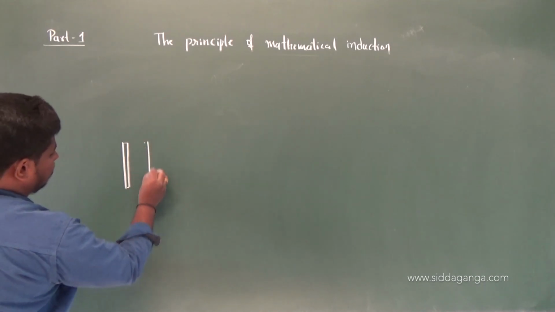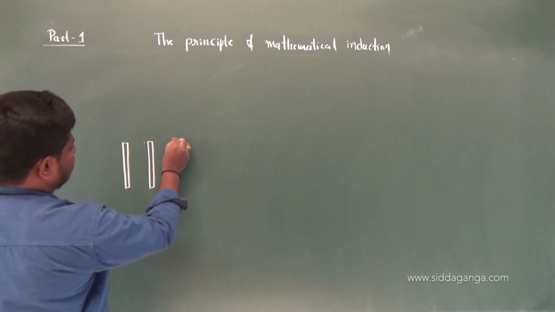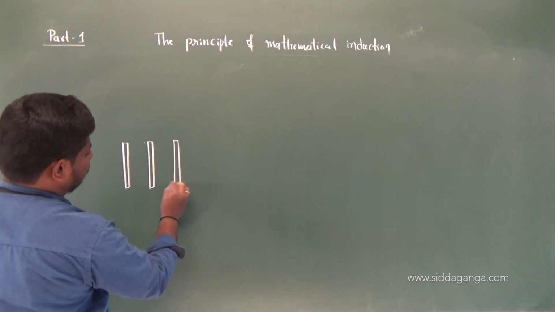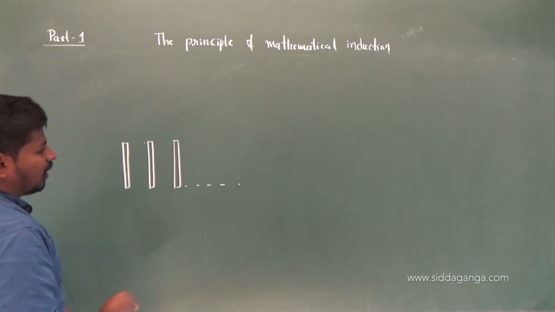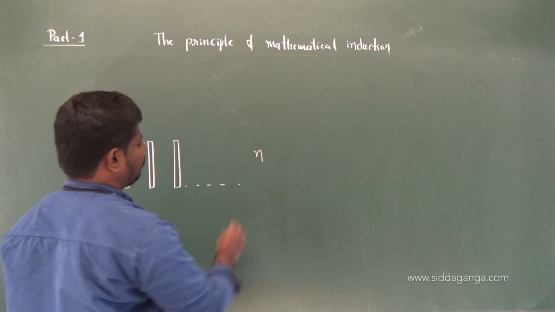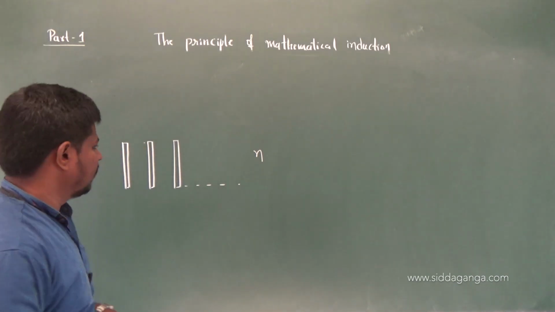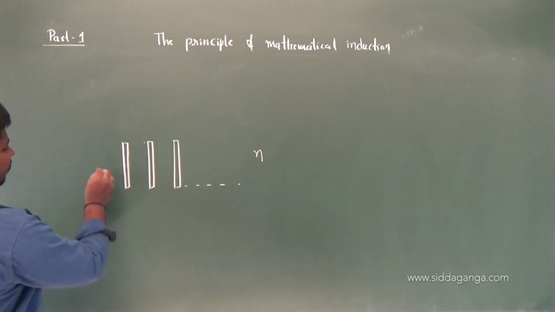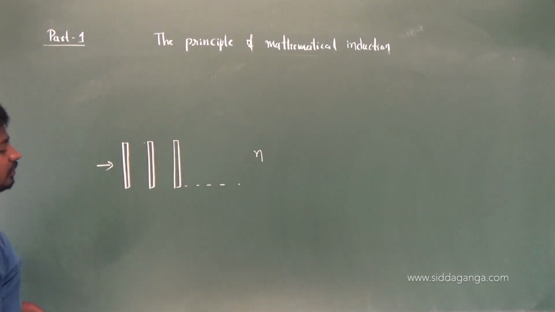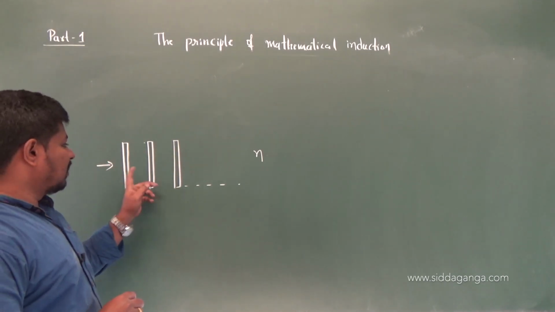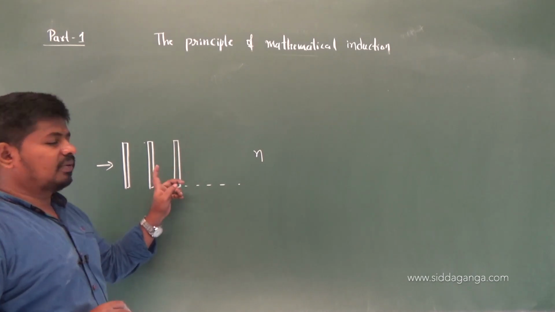First one, this is second one, this is third one, and so on. Assume I have n number of, some finite number of notebooks here, and these are arranged in such a way that when I push the first book in this direction, the first one will fall on the second one, which will fall on the third one, and so on.